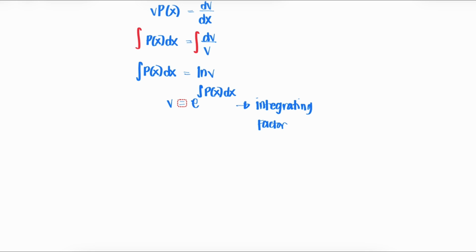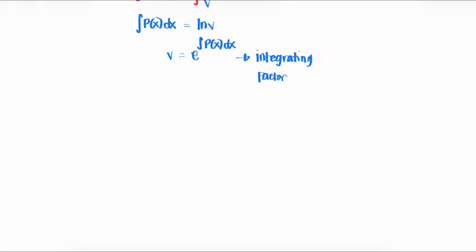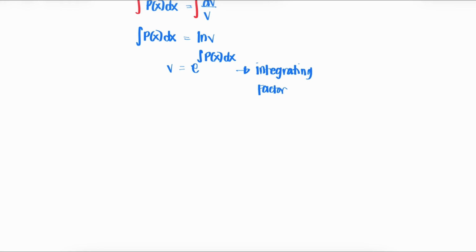So on the other hand, for the other DE right here, if our dependent variable is x, then our integrating factor would be e to the power of the integral of p of y dy. Okay, so that is already our integrating factor.